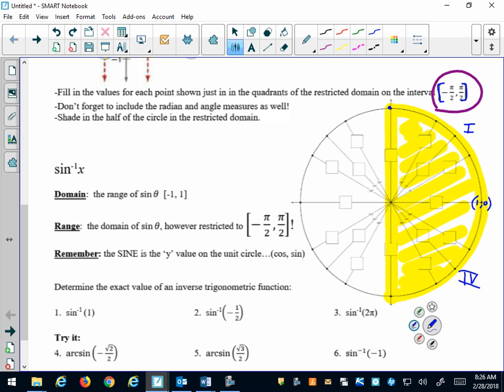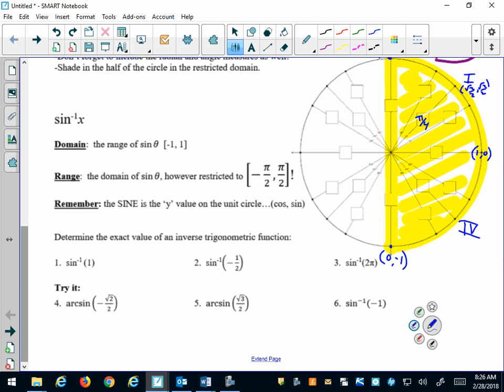So it's including this point right here, which is over 0 up 1. This here is over 0 down 1, right? And then all the points in between, you know, this is pi over 4. We got root 2 over 2, root 2 over 2, etc. I don't think we need to take the time to fill all this in right now. Maybe you'll go back and do it later.